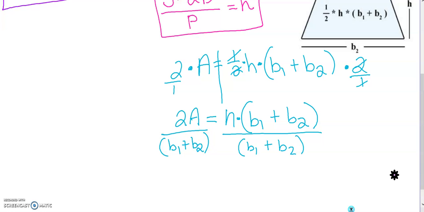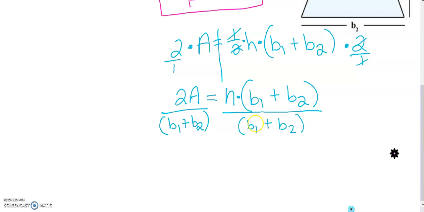And simplify. On the right side, my B1 plus B2 in parenthesis group cancels each other out.